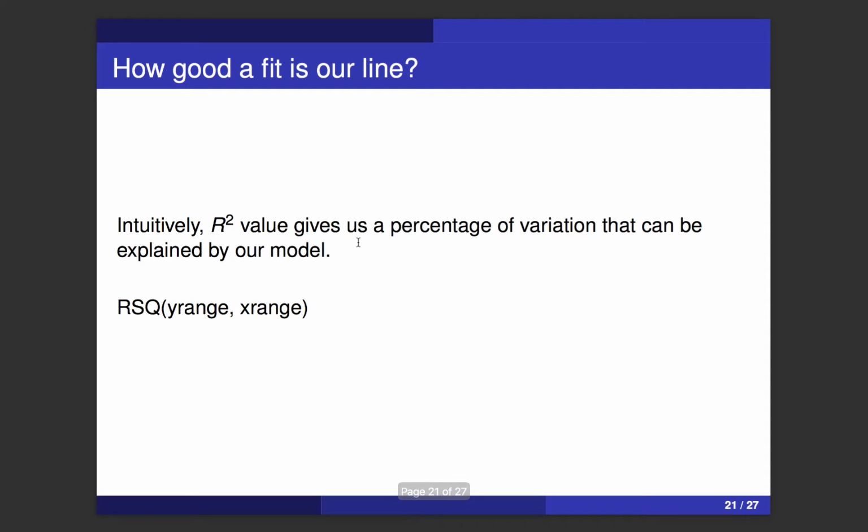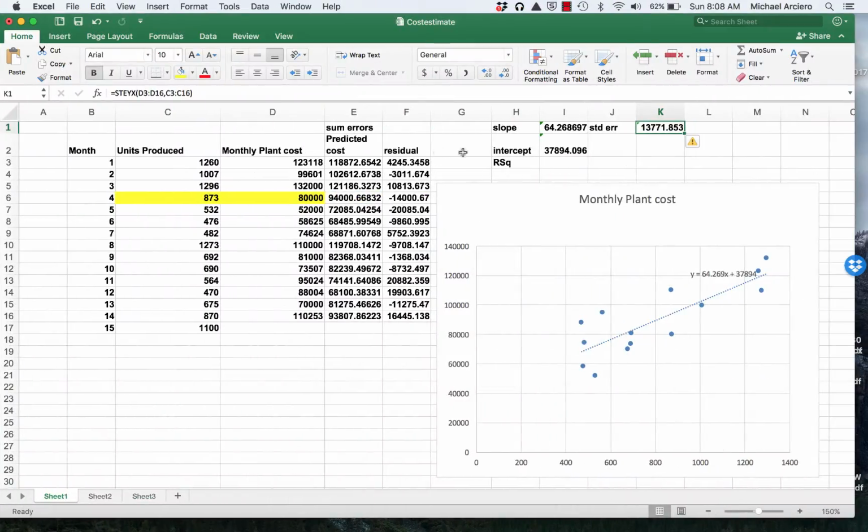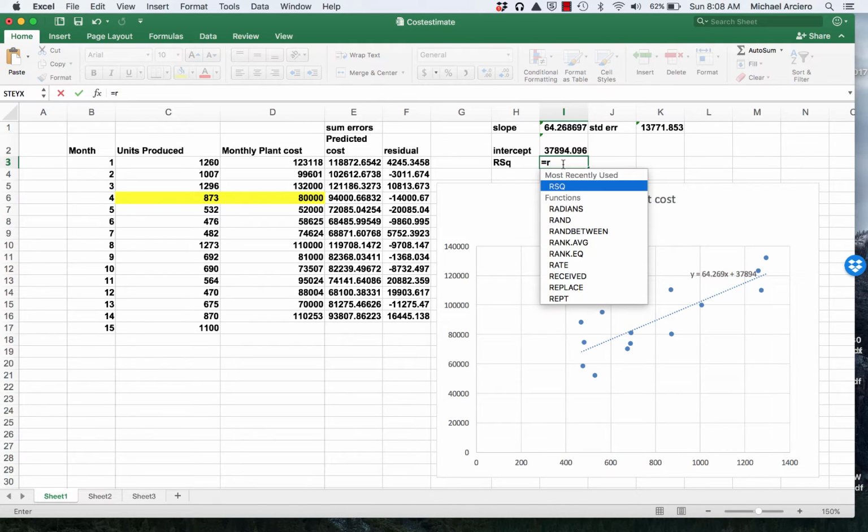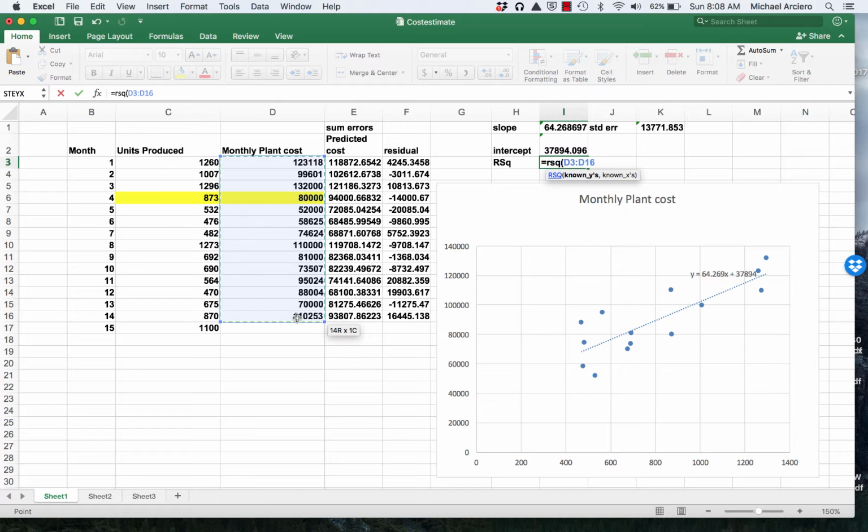And as with the other formulas, we have a formula in Excel to compute this. So let's go ahead and do that. Our R squared value is just RSQ, and then we want known y's and known x's. So there's our R squared value. About 69% of the variation about the mean of the y's is explained by our model.